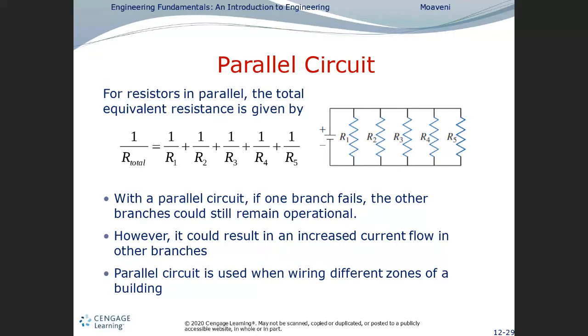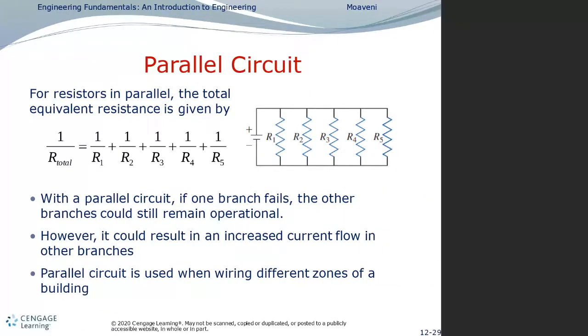Now, let's solve this. Let's work an example. We'll just do example 12.5. All right, just keep it easy. All right, cool.